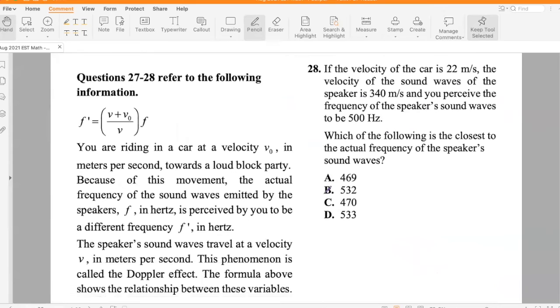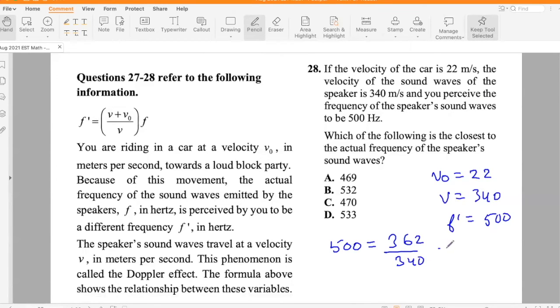If the velocity of the car is 22, so v naught is 22, the velocity of sound waves v is 340, and you perceive the frequency, that is f dash, is 500. Which of the following is closest to the actual frequency? So you have to find f. So 500 is 362 by 340 into f.